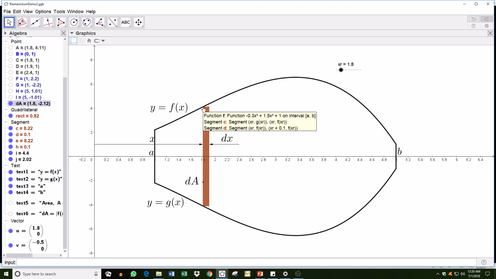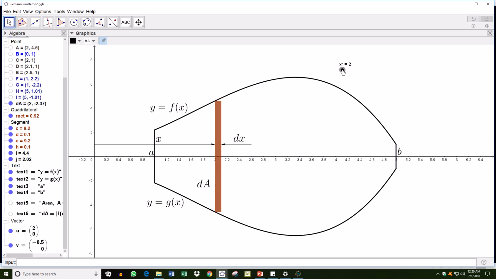Well, this curve is y equals f of x. This top point is a point on the curve y equals f of x. So if we happen to be at, say, x equals 2, that point has an x value of 2. In that case, the y value should be f of 2.